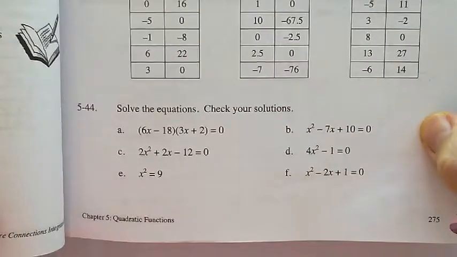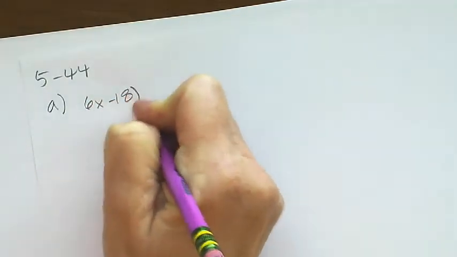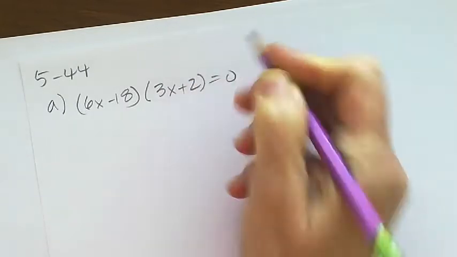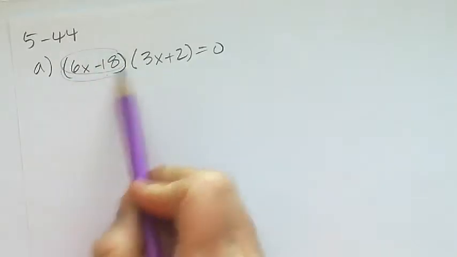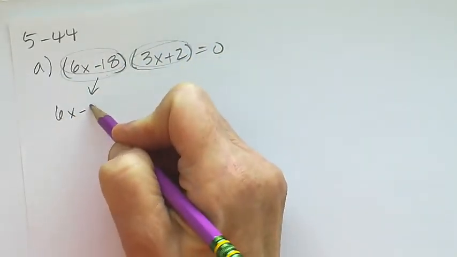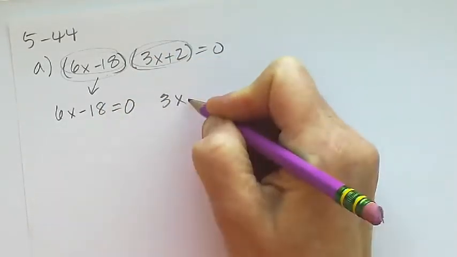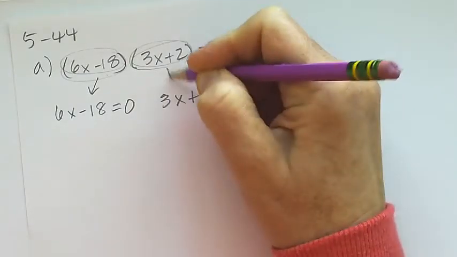So it says to solve the equations and then to check your solutions. So I've got for part A, 6x minus 18 times 3x plus 2 equals 0. So zero product property says that if this quantity times this quantity equals 0, then one or more of these factors, maybe both of them, must equal 0.